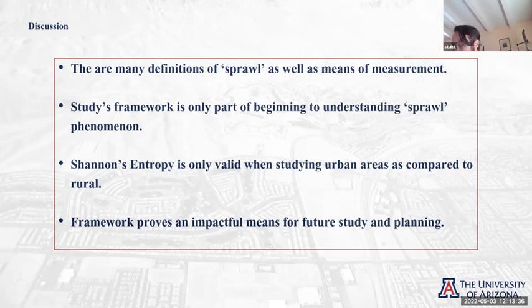This framework is cost-effective, accessible, and expeditious. It can help individuals, stakeholders, and municipalities better plan the future of their urban environments. Sprawl can affect mental health, pollution, and resource consumption. Thus, it is important to understand and recognize when considering the sustainability and prosperity of a population.